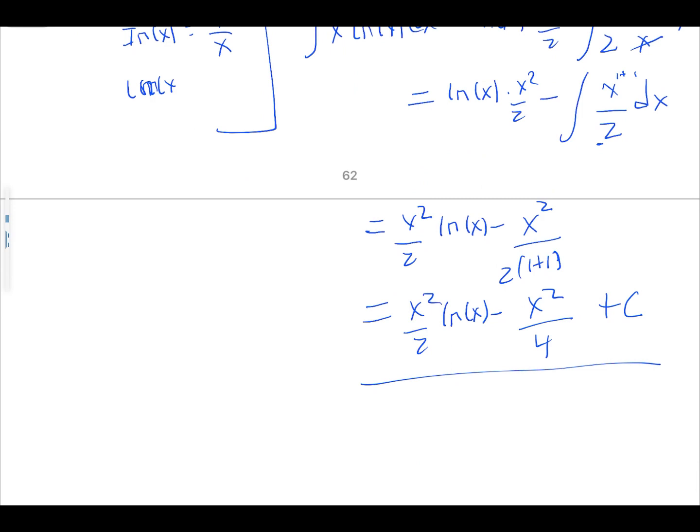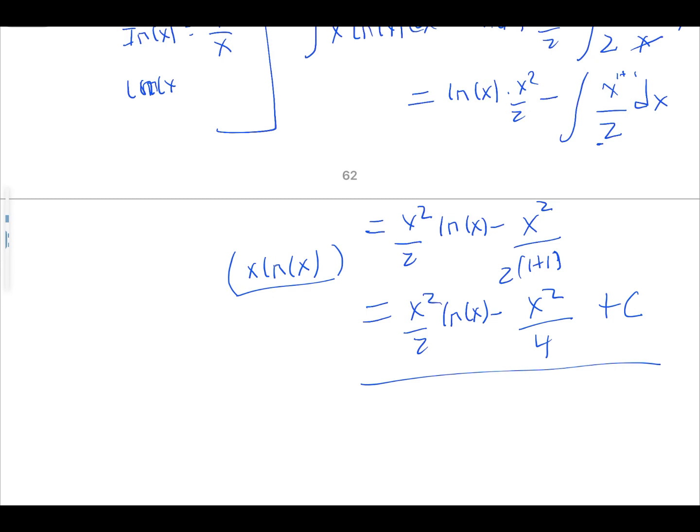You can check this by differentiating to see whether you are going to get your x ln x. I'll leave that one to you to confirm your answer. So now we can say that the choice of your u and dv will allow you to evaluate this integral, and this is very crucial as you learn in your calculus class.